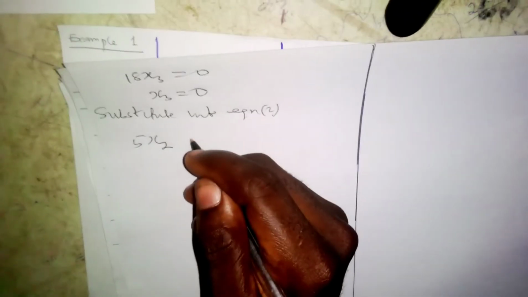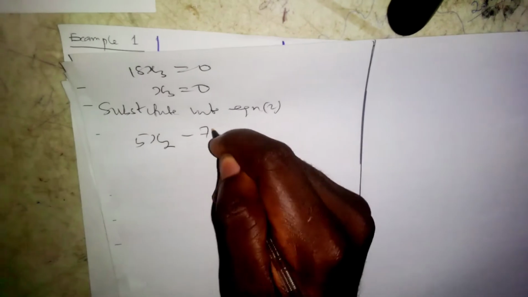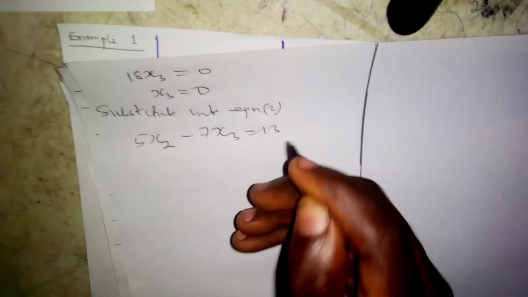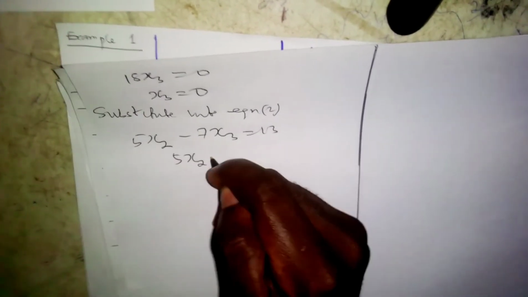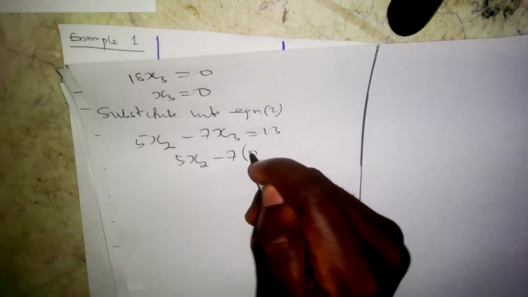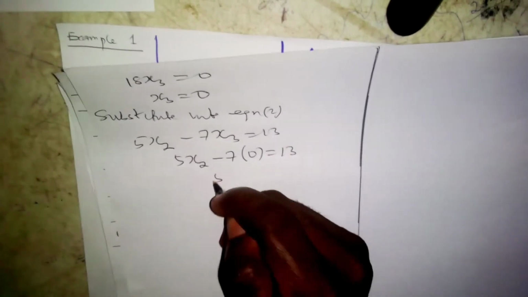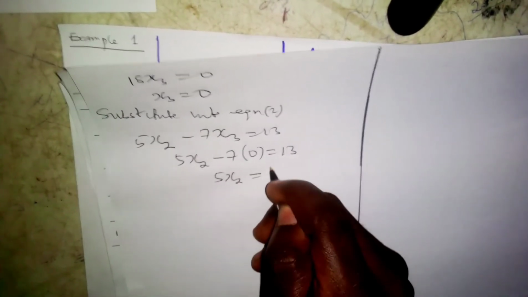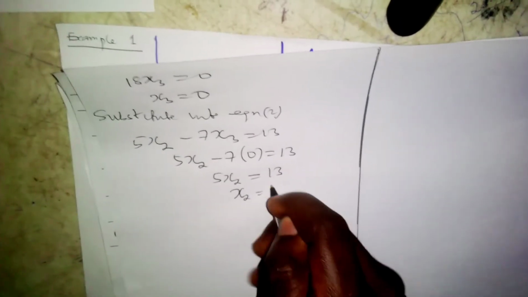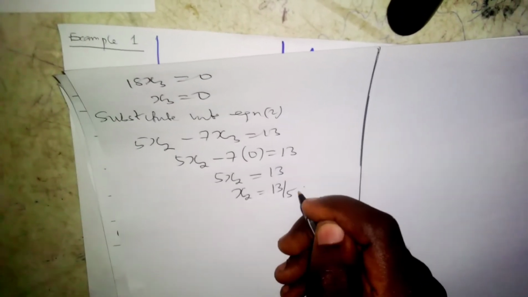And what's our equation 2? Our equation 2 is already given to us. Equation 2 is 5x2 minus 7x3 equals 13. So 5x2 minus 7 times x3, which was obtained as 0, equals 13. 5x2 equals 13. x2 equals 13 over 5.